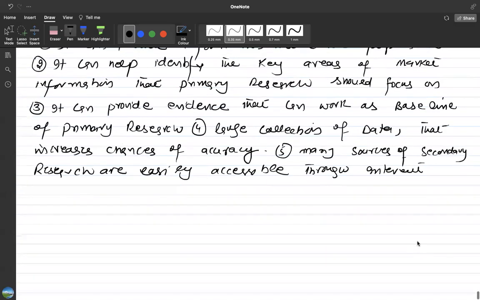Much of the data is available easily and it's always accessible in secondary research.